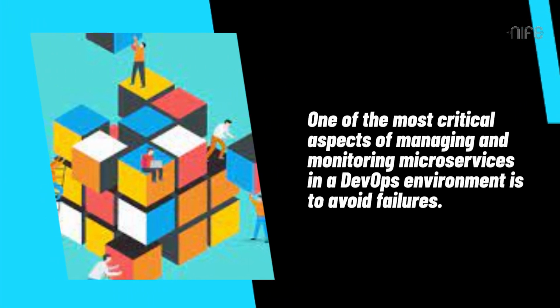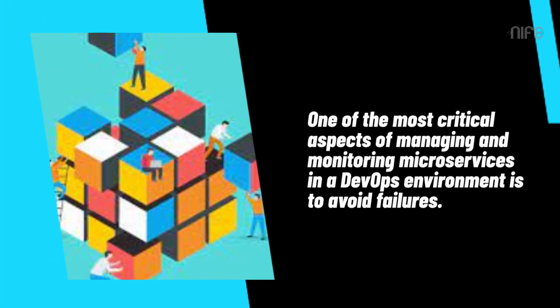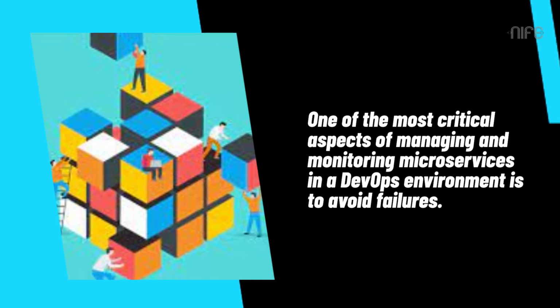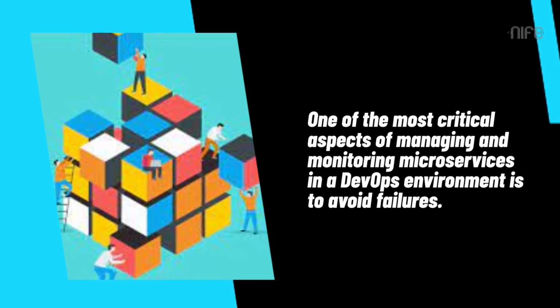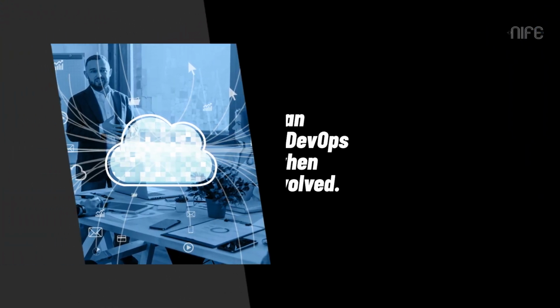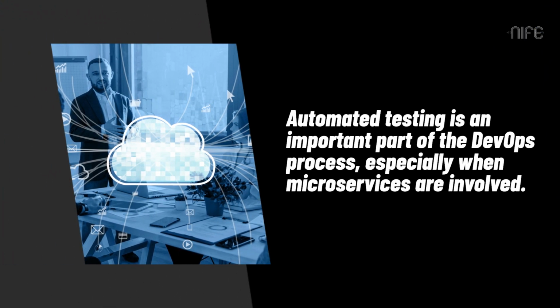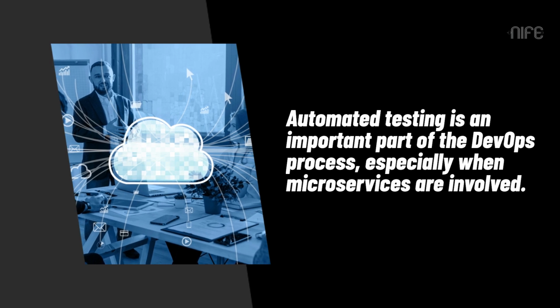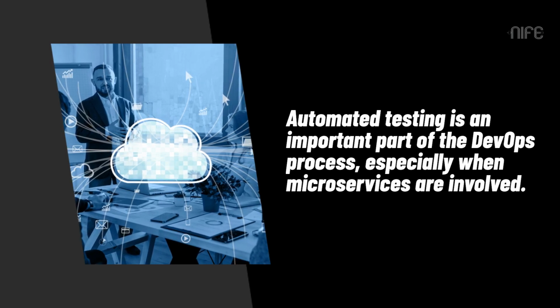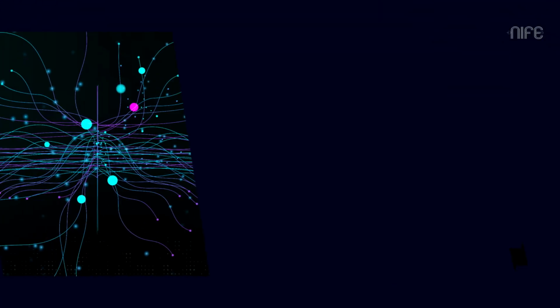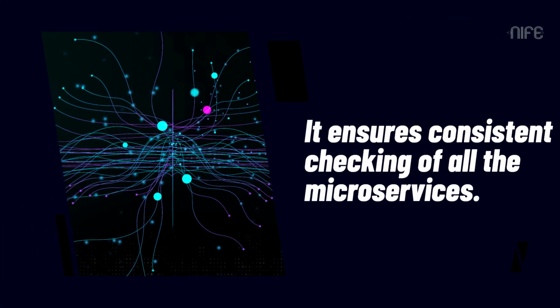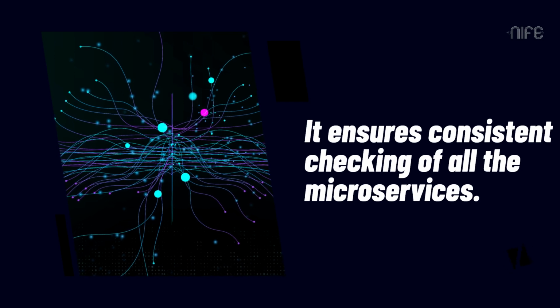One of the most critical aspects of managing and monitoring microservices in a DevOps environment is to avoid failures. Automated testing is an important part of the DevOps process, especially when microservices are involved. It ensures consistent checking of all the microservices.